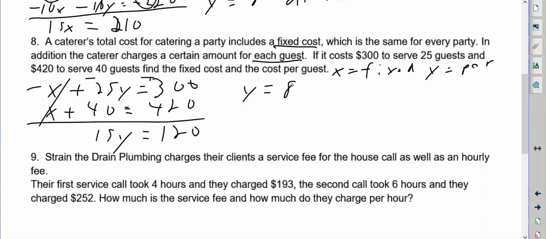Okay, so I'm going to plug that back in. Either one I'm going to do here because that's easy. 4 quarters is $1. 8 would be 200. So 8 times 25 is 200. Subtract that from 300, you get 100. And that's X. So it's $100 fixed cost and $8 per person.